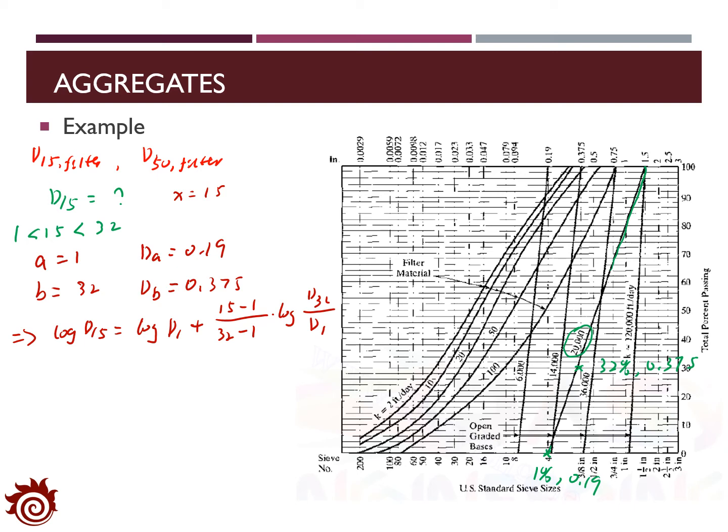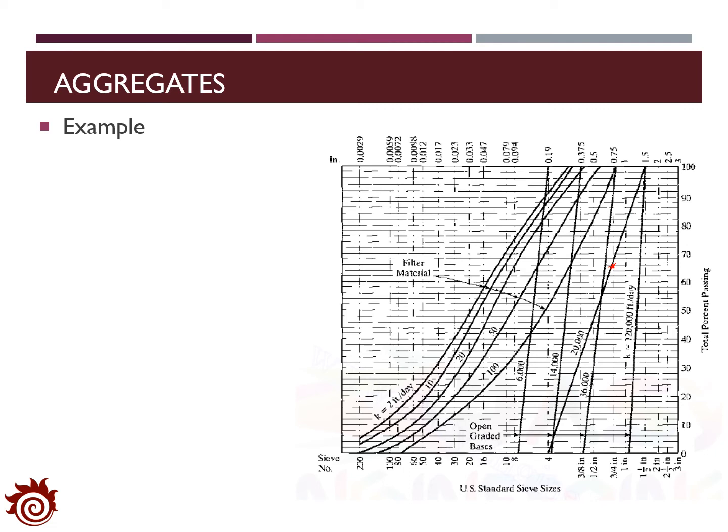If you apply all the values that we received from the figure, then we get log D15 as minus 0.588, which gives you D15 as 0.26 inches.